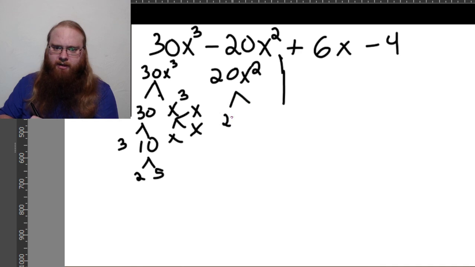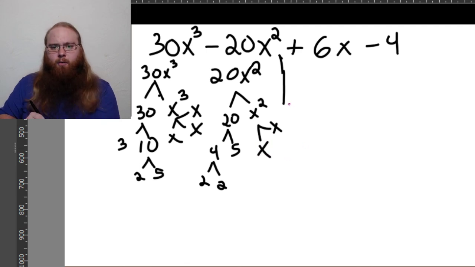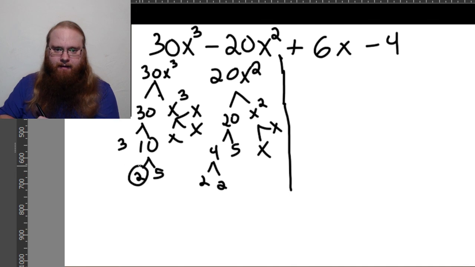Factor 20x squared, we'll get 20 and x squared. 20 becomes 4 and 5. 4 becomes 2 and 2. X squared becomes 2 x's. So what they have in common is a 2, a 5, and 2 x's.